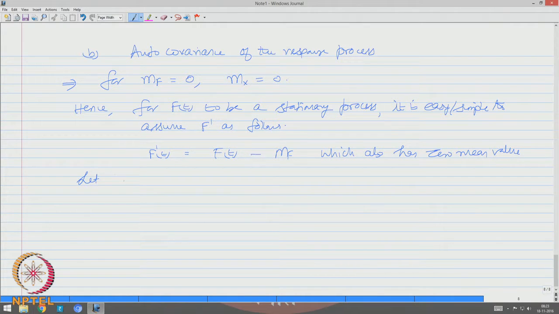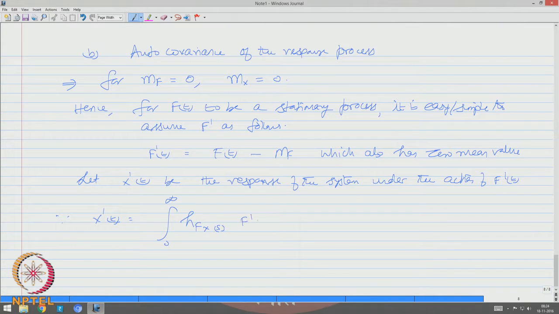Let x dash of t be the response of the system under the action of f dash of t. Therefore, x dash of t is actually the integral from 0 to infinity of the impulse response function times f dash of t minus s ds. This equation is borrowed from the earlier definition we discussed in the last lecture.